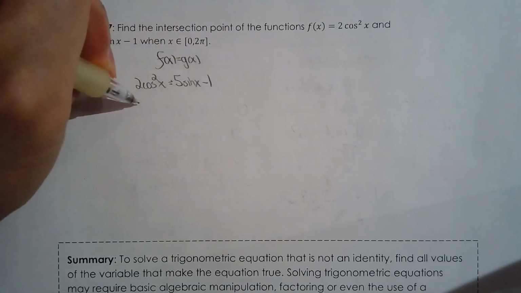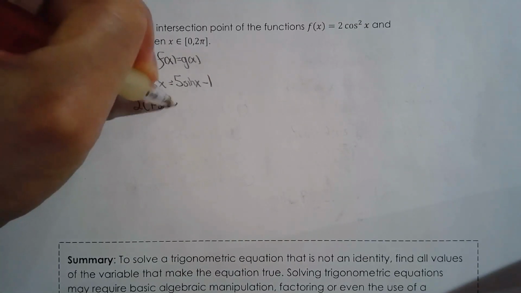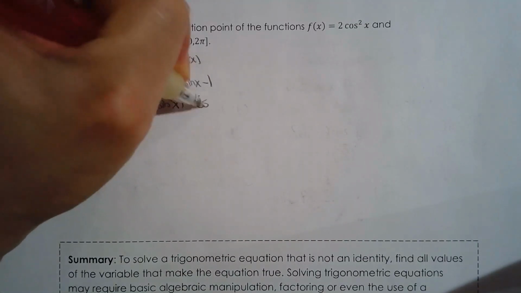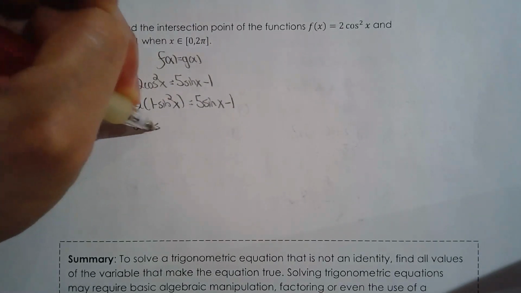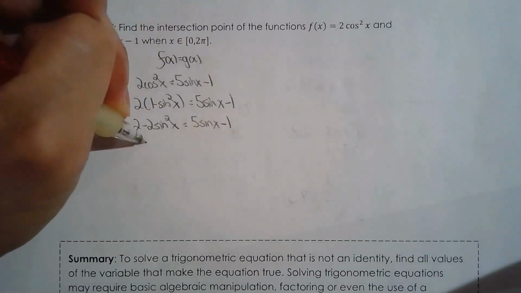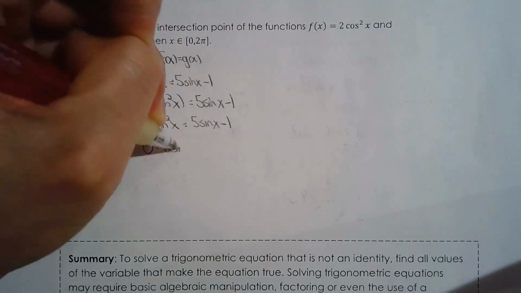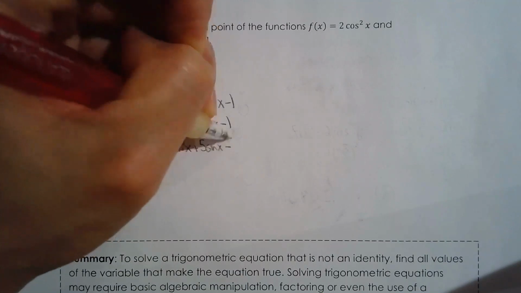And then cos squared x, use a Pythagorean identity, 1 minus sine squared x. So 2 minus 2 sine squared x equals 5 sine x minus 1. So 2 sine squared x plus 5 sine x minus 1.